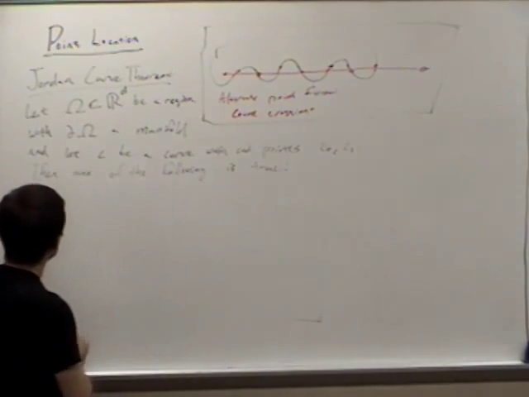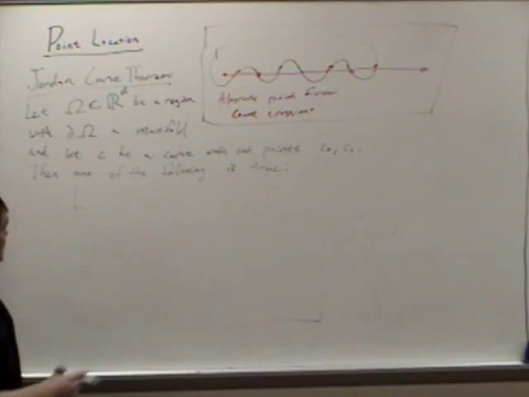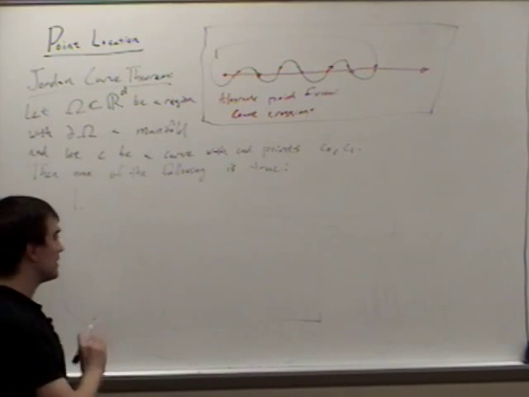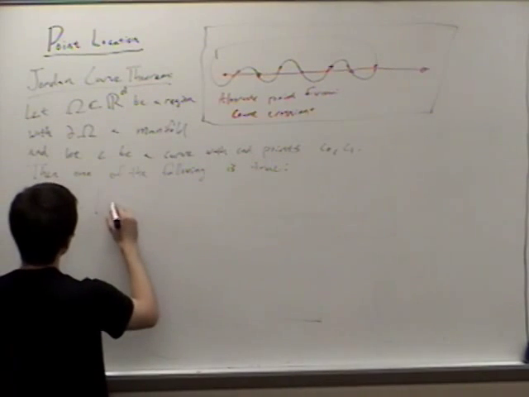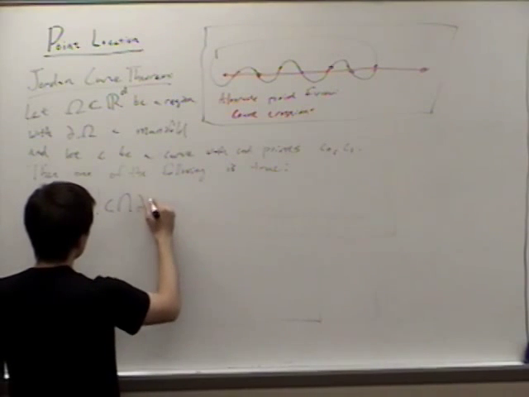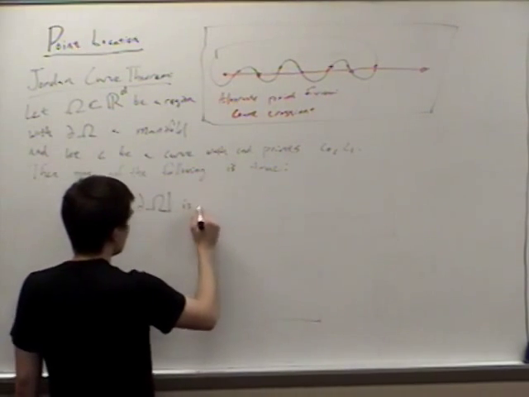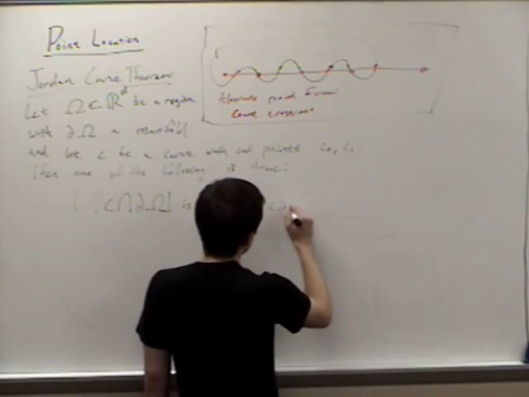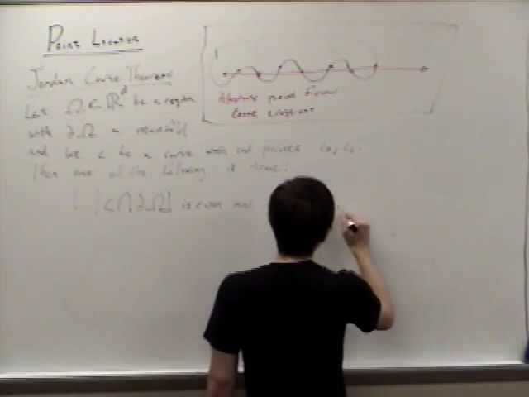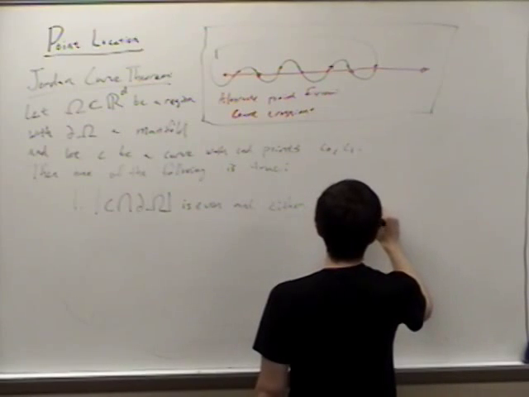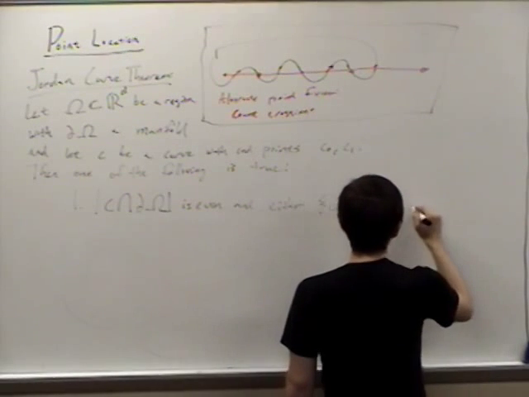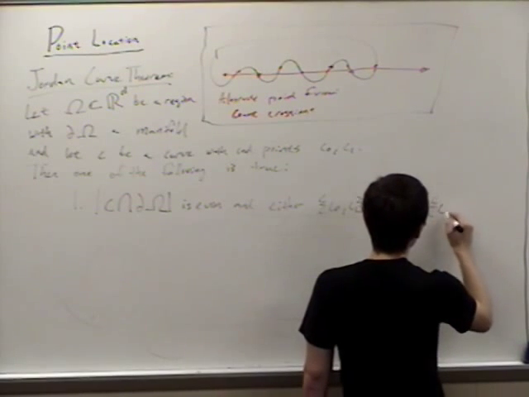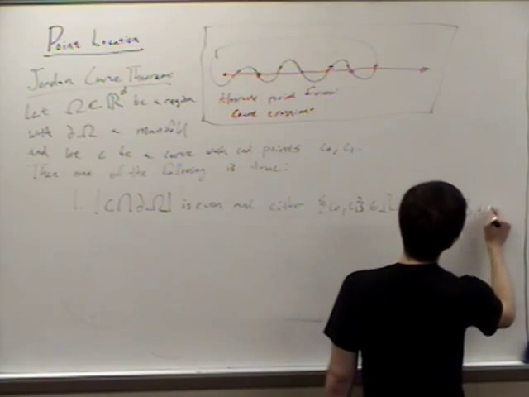So the first case here is that this curve crosses omega an even number of times, right? And it's going to cross it in a finite point set is the constraint. So we're going to say the intersection of C with the boundary of omega is even, and either both points on the end of the curve are in omega, or they both aren't in omega, that is, they're in the complement.